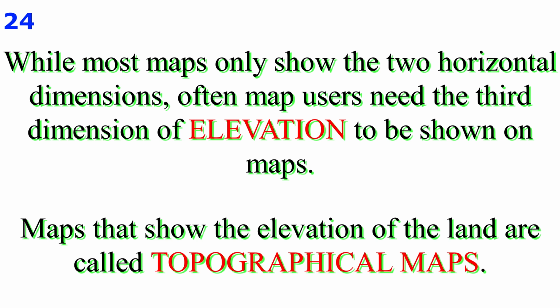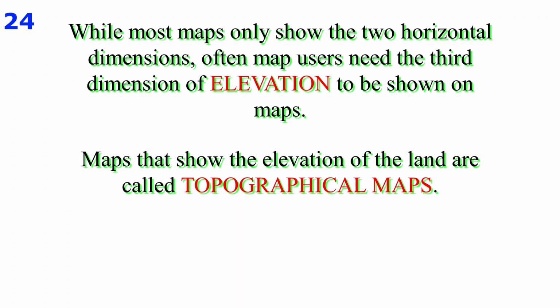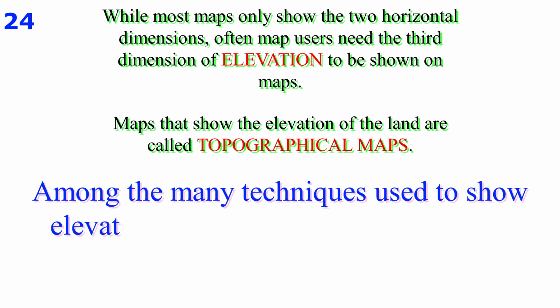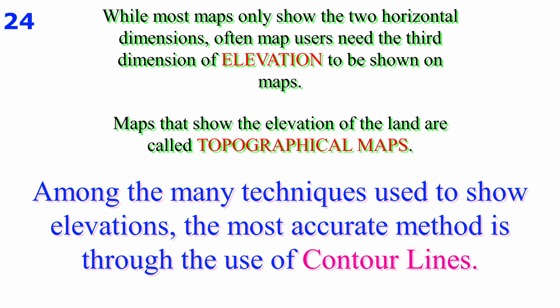Maps that show the elevation of the land are called topographical maps. Friend, although many techniques are used to show elevations, the most accurate method is through the use of contour lines.